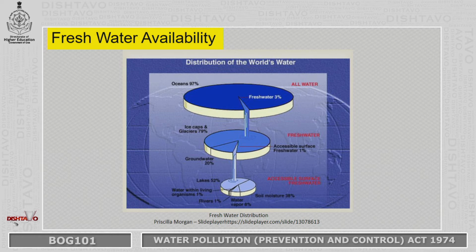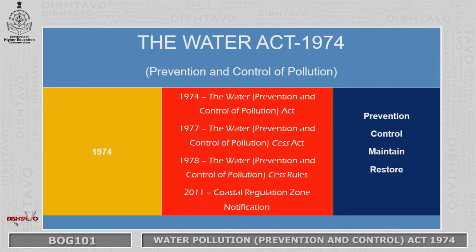All this water has to be taken care of and used judiciously, and that is why the Water Act of 1974 becomes important. The Water Act of 1974 speaks about prevention and control of pollution of water. In 1974, it was enacted precisely for prevention and control of pollution, and at the same time, maintaining or restoring the water that is there as a gift.